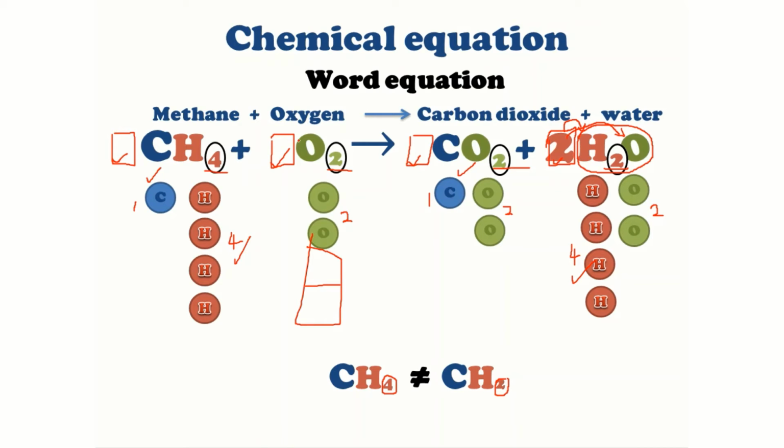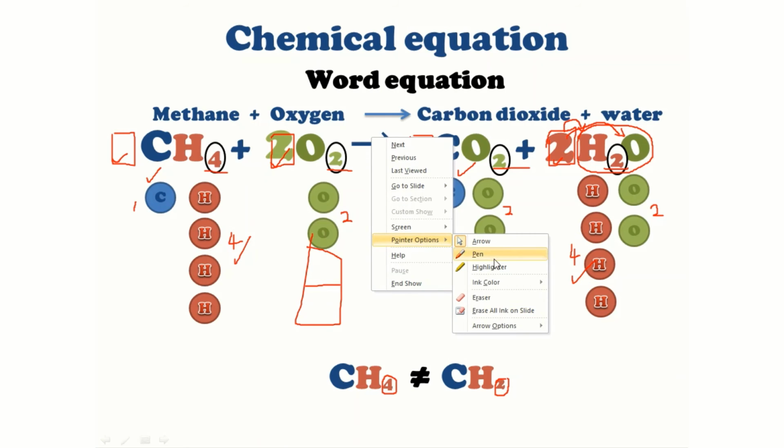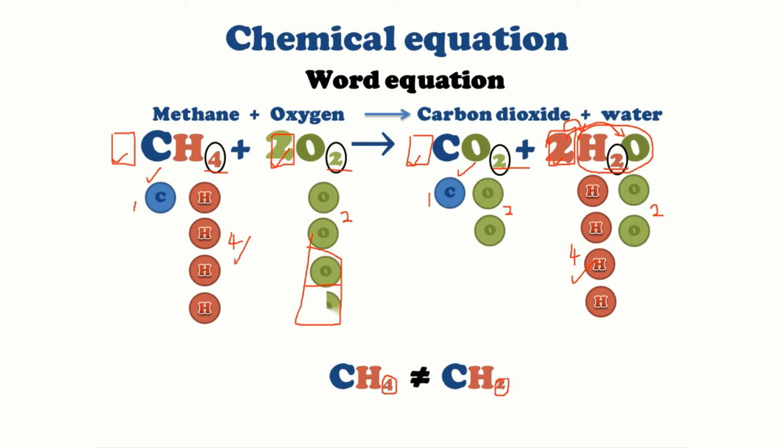This means we will multiply this oxygen molecule by 2, and have 4, because 2 times 2 is 4. And then doing so, we will now have 4 oxygen atoms, and now it is balanced.